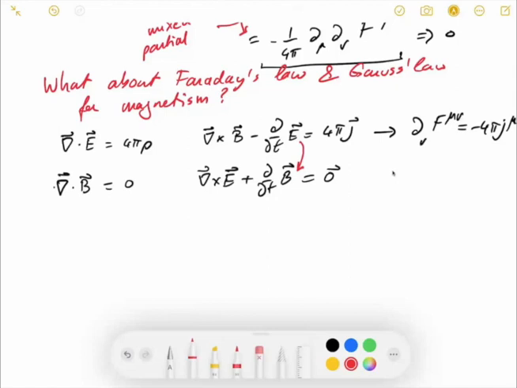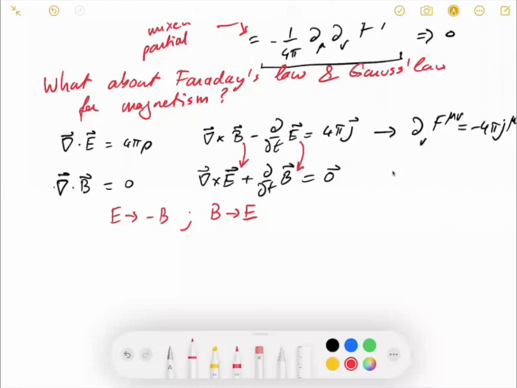And when we go from B to E, we can keep the same sign. So if we go from E to minus B, and from B to E, then we get the same equations that we have already solved, except now on the right-hand side there's a 0.